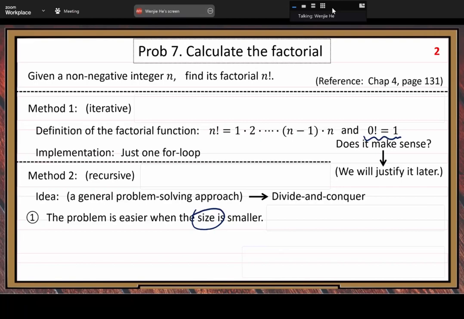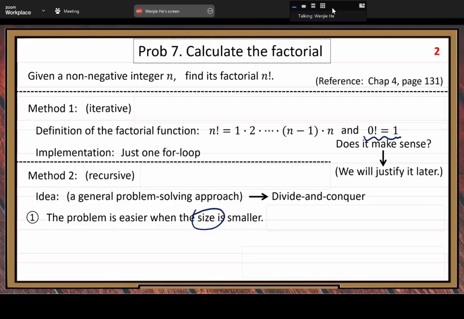Based on this observation, in order to make our current problem easier, we want to reduce the problem size. If we can reduce the problem size, we make it easier to solve.